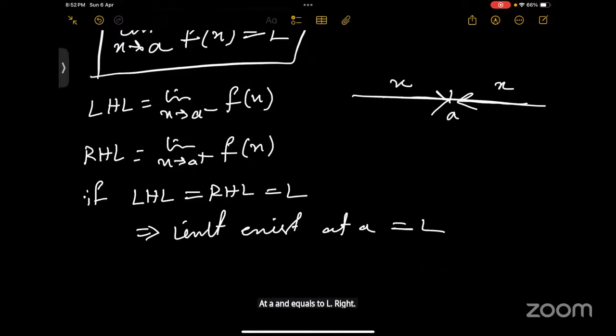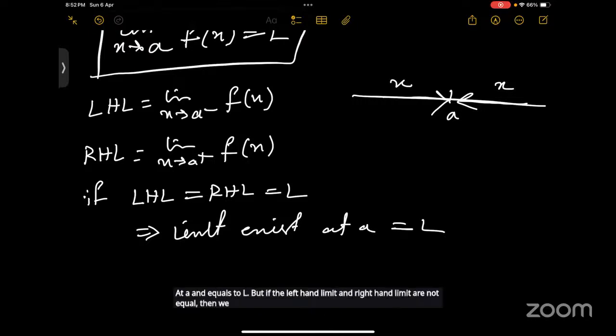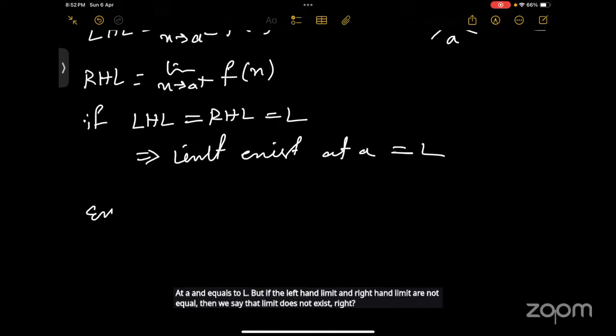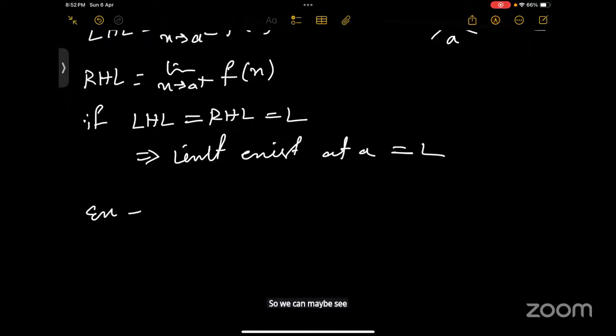But if the left hand limit and right hand limit are not equal, then the limit does not exist.